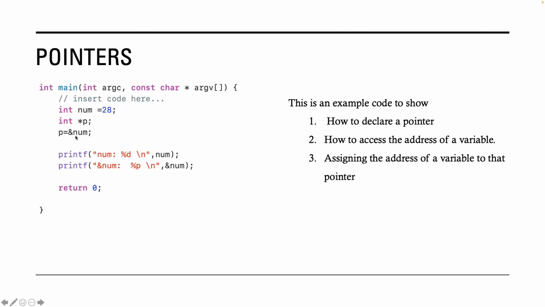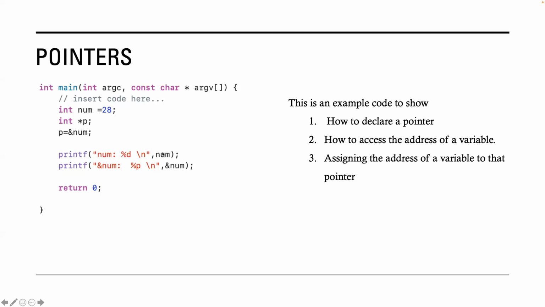So if we put the ampersand mark before the variable name, that means we are getting the address of that variable. So we are getting the address of variable num and we save it in the pointer.